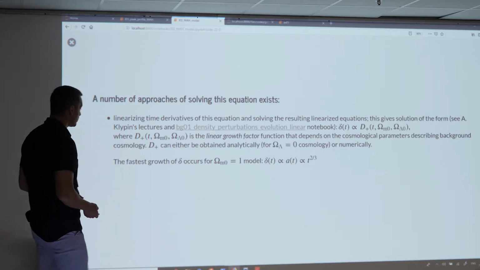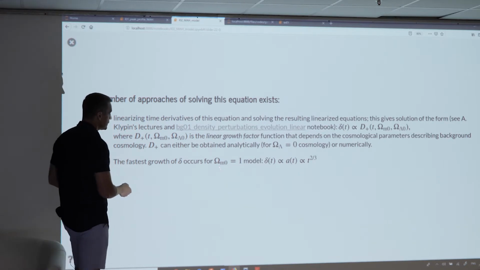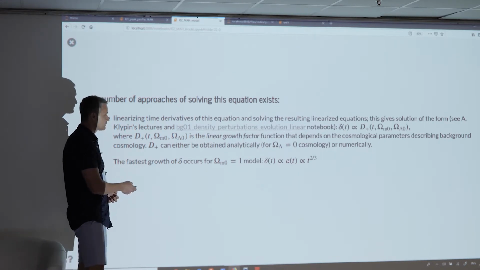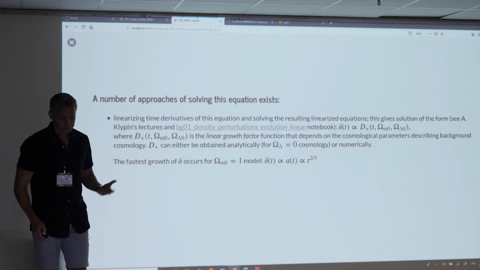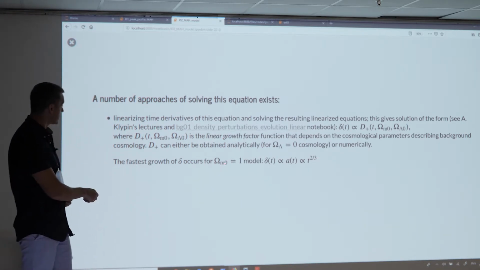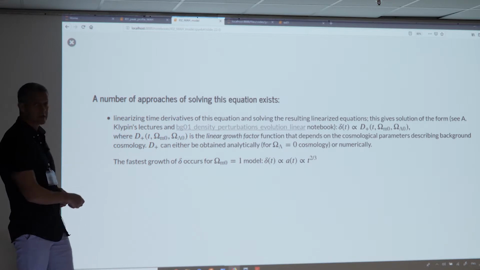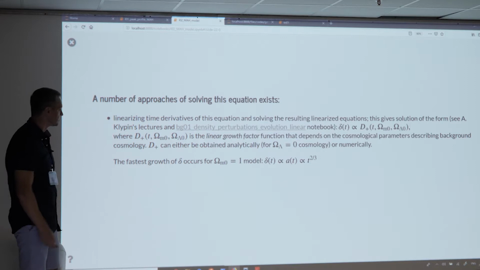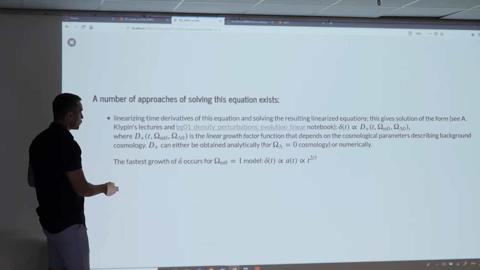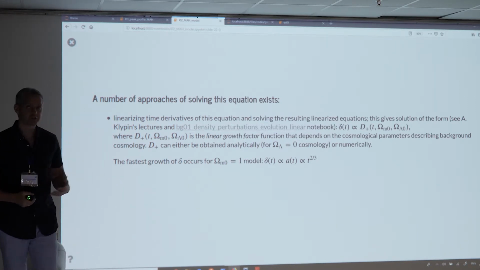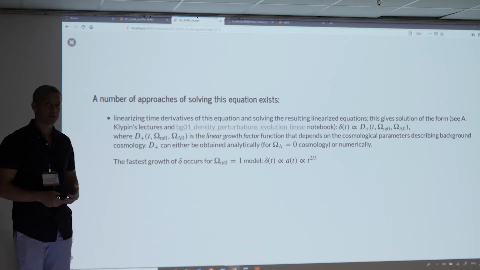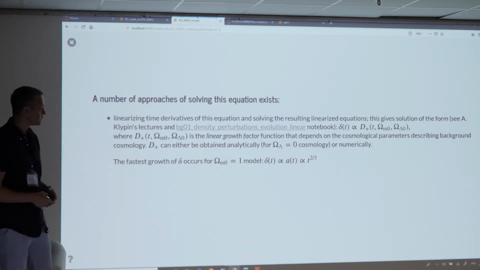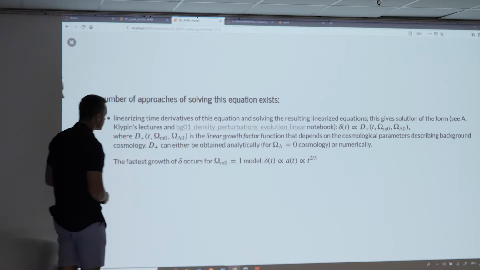It has a particularly simple form for an omega 1 universe, where it's just proportional to the expansion factor, or time to the 2/3 power. But it can also be solved for open cosmology, for omega matter less than 1, except that the expression becomes much more complicated, but is still an analytic expression. For omega lambda non-zero, that function is not obtainable analytically, but we can obtain it by numerical integration or using an accurate approximation to it.